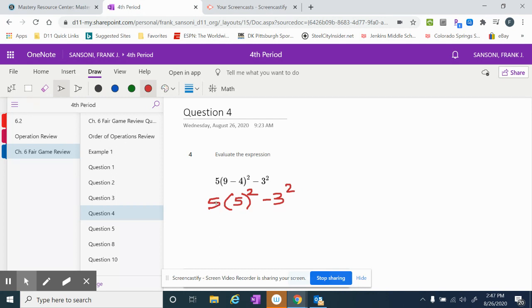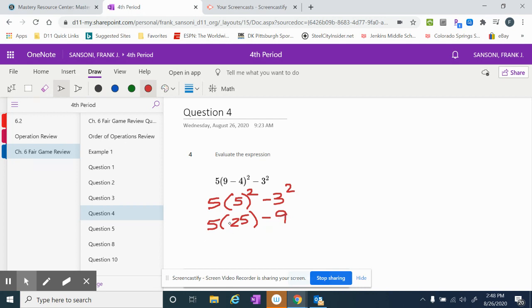Now notice I have this 5 pushed together with this other 5. So I'm going to be multiplying, but I don't multiply before I do my exponents. So I have 5 times whatever 5 squared is, which is 25, minus 3 squared, which is 9. So I have multiplication.